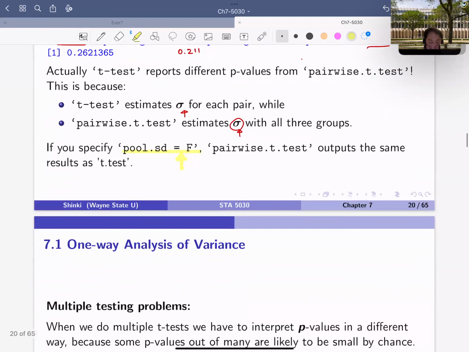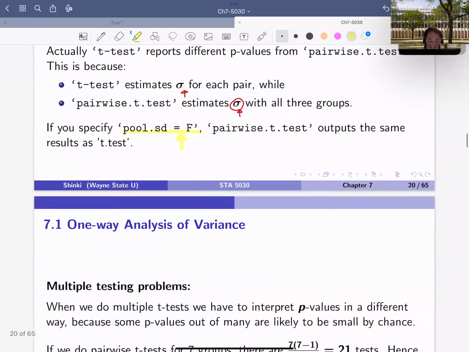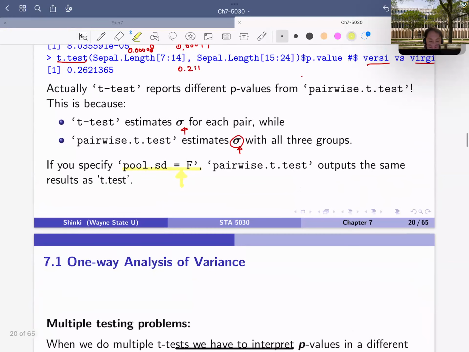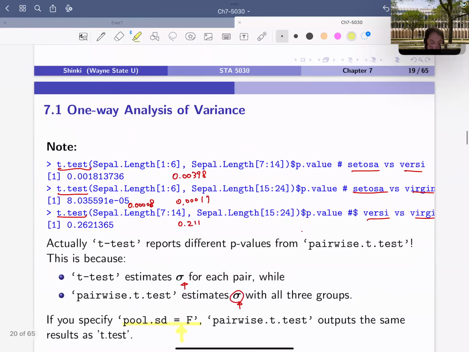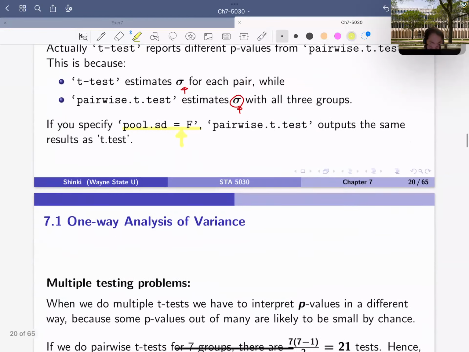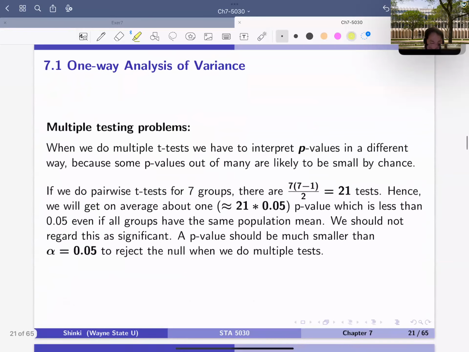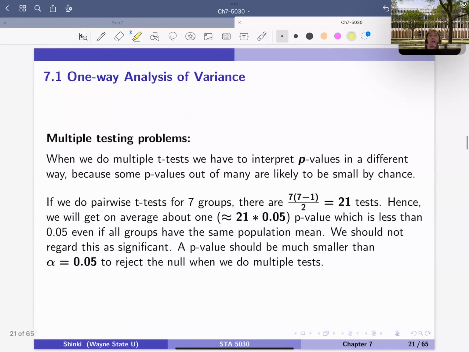But if we assume that all variances are similar or the same, then it's more reasonable to use pairwise.t.test. So that is the explanation of the pairwise.t.test function. And multiple testing problems next.